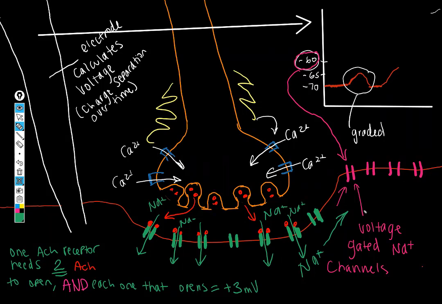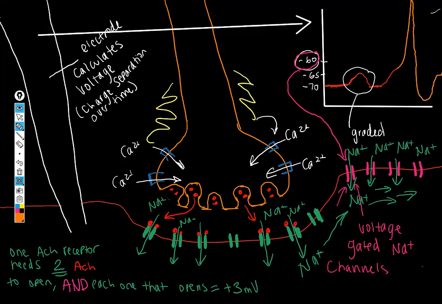So that's going to open my voltage gated sodium channels, which are going to begin opening. And then that's enough depolarization to open its neighbors. And so on and so forth, which means that now I get to do my action potential waveform.